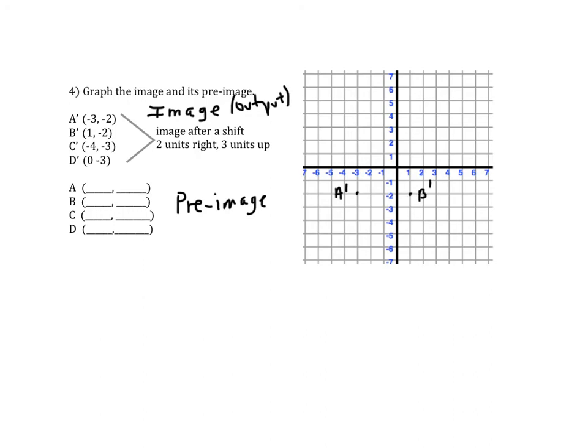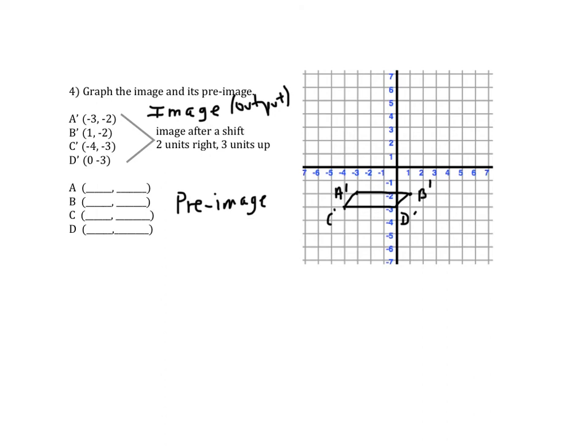C prime is at -4, -3. So left 4, down 3. And finally, D prime is at 0, -3. From the origin, you don't go left or right at all, just go down to -3. And that should be D prime. Okay, finally, connect all 4 of your points to make a quadrilateral.